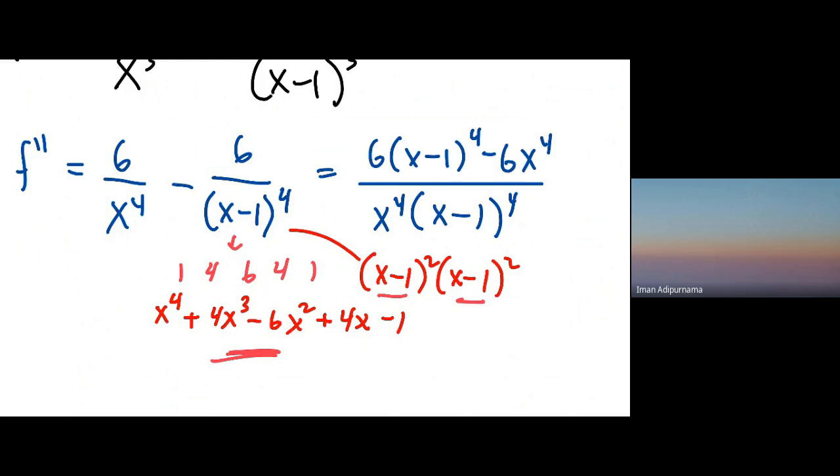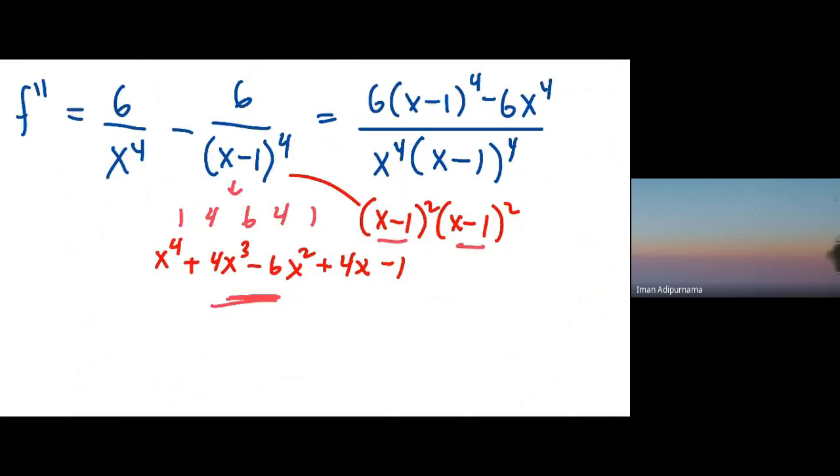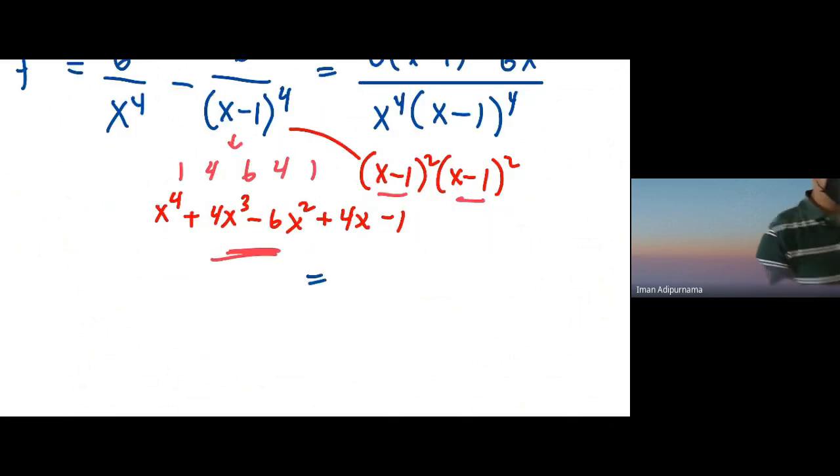Okay, so if we look here, this is for the x minus 1 with power of 4. Okay, I think we will have 6x power of 4 and 6x power of 4. We can cancel, and we will have this 4. Okay, so we can write this. Let me write in the bottom here. So this will be 6 and then 4x cubed.